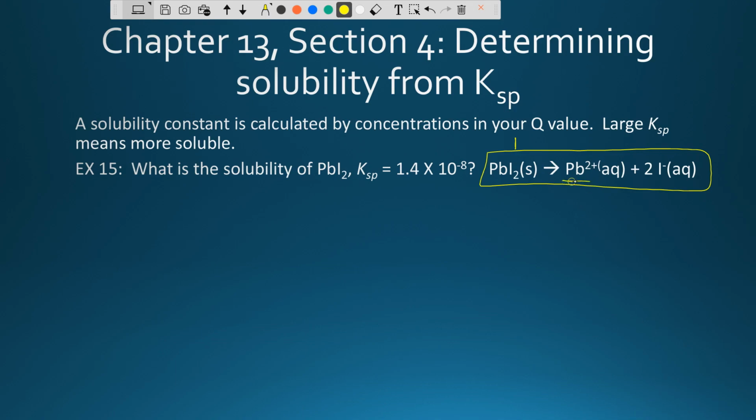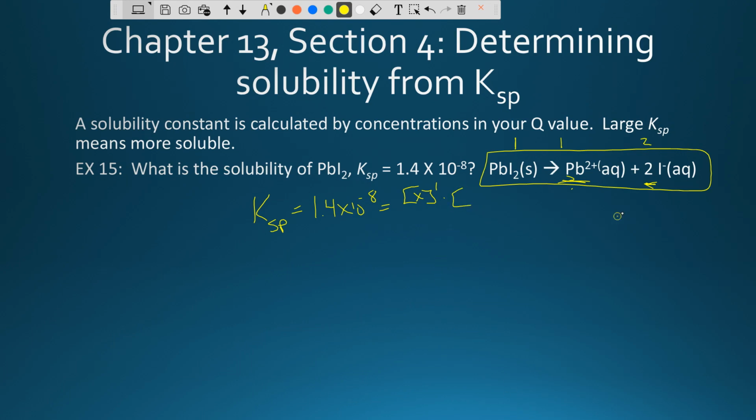I take a look at my balanced equation and see that I've got one lead, but I do in fact have 2 iodines in there. So that's going to affect my Q value. What does this look like math-wise? Well, your Ksp value, 1.4 times 10 to the negative 8, will equal my unknown for the lead, x, and there's only one of those, so it's to the 1 power.